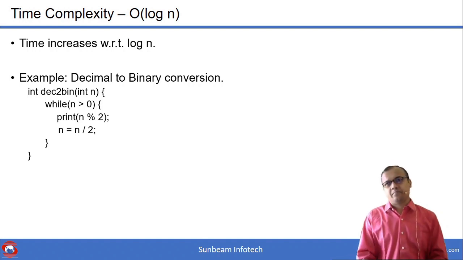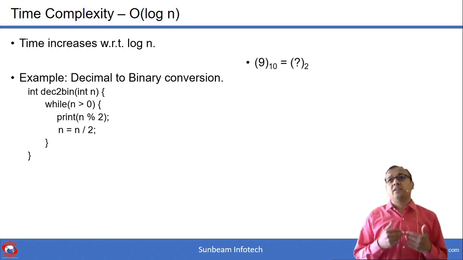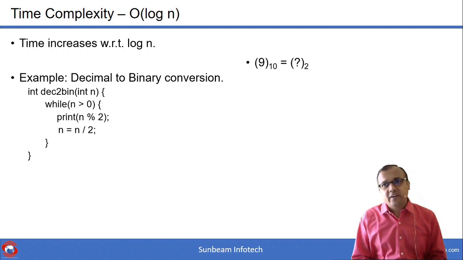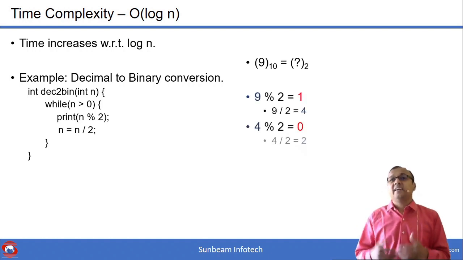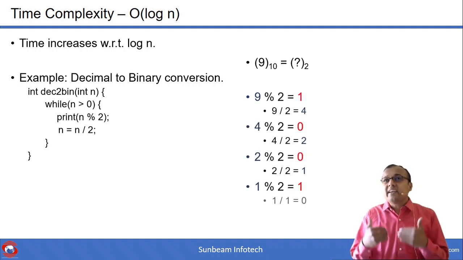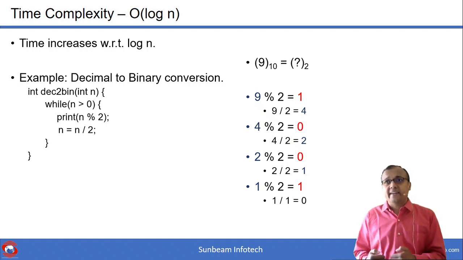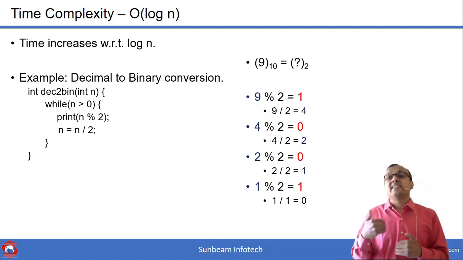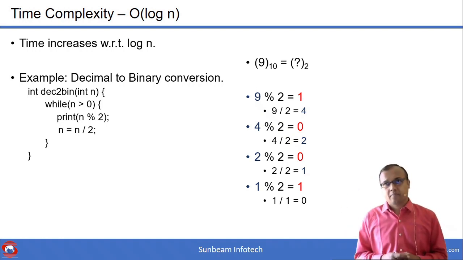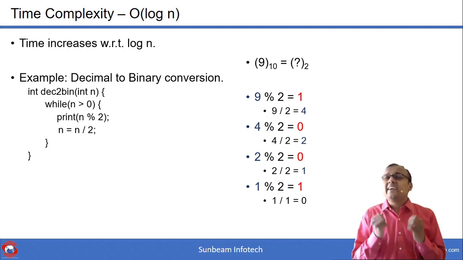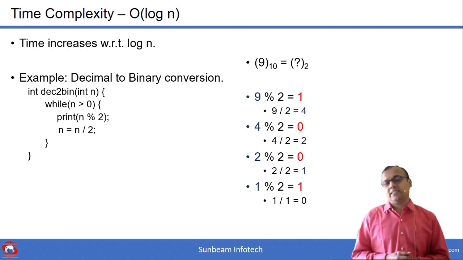If you try to calculate the binary equivalent of 9, you will realize that it is taking 4 iterations to find the binary equivalent, that is 1001. If you try to do the same thing for the number 1000, you will realize that it is taking hardly 10 iterations.